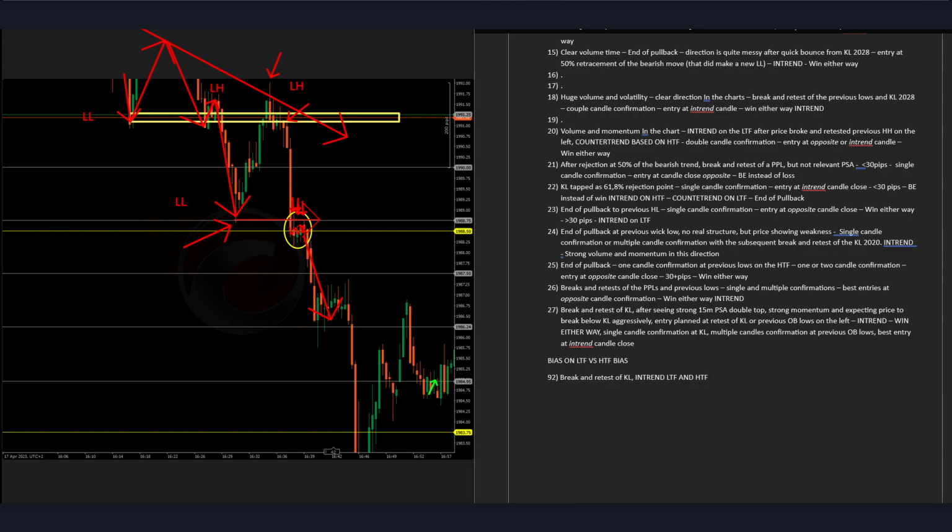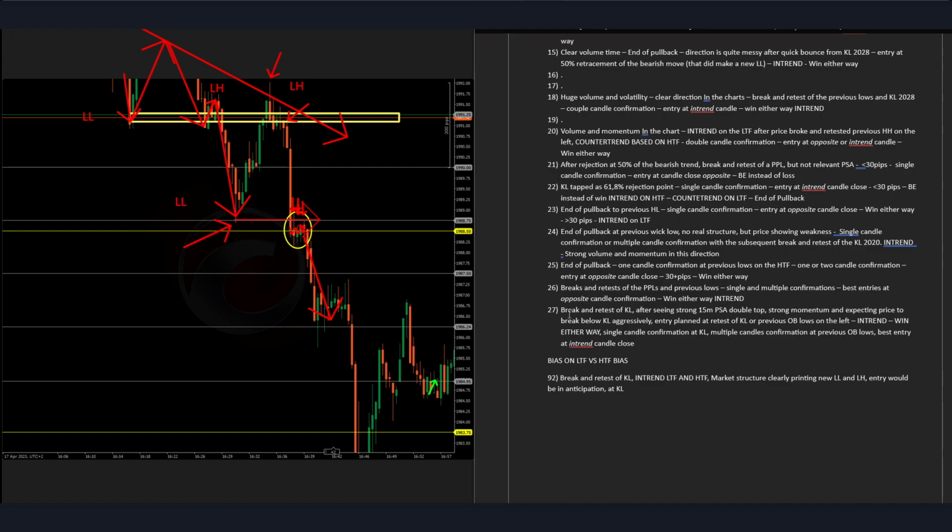We don't really know about the higher time frame, I would say, because that's just a snapshot. Market structure clearly printing new lower lows and lower highs. Entry would be in anticipation at the key level.